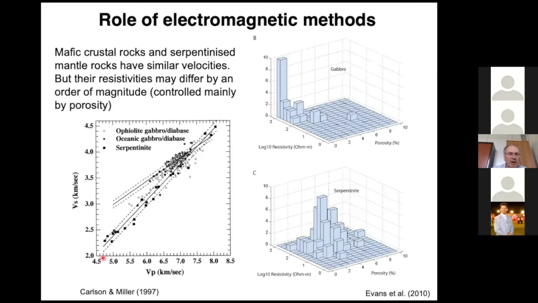This is an old compilation, so P wave velocity along the bottom, shear wave velocity along the top. The P wave velocities overlap very much so. So if you have a velocity between about 5 kilometers per second and about 8 kilometers per second, it could be serpentinite with various degrees of serpentinization, or it could be mafic igneous rocks.